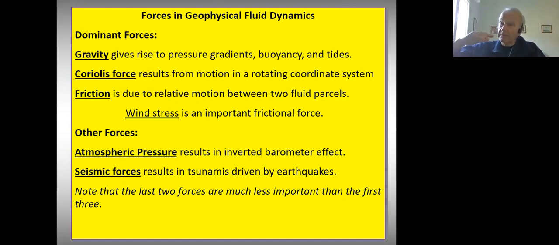The higher the atmospheric pressure, the lower the sea level. I think we are in a period of relatively high atmospheric pressure. If you go for a walk along the shore, you will see that the sea level is relatively low. It's low because the atmospheric pressure is relatively high.